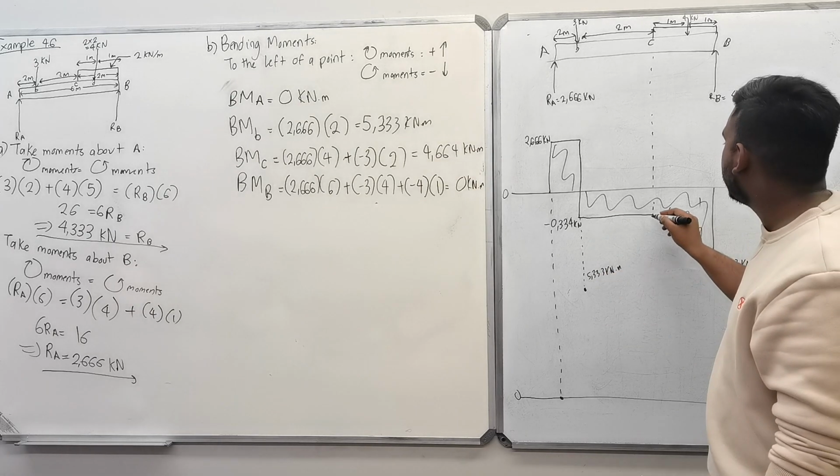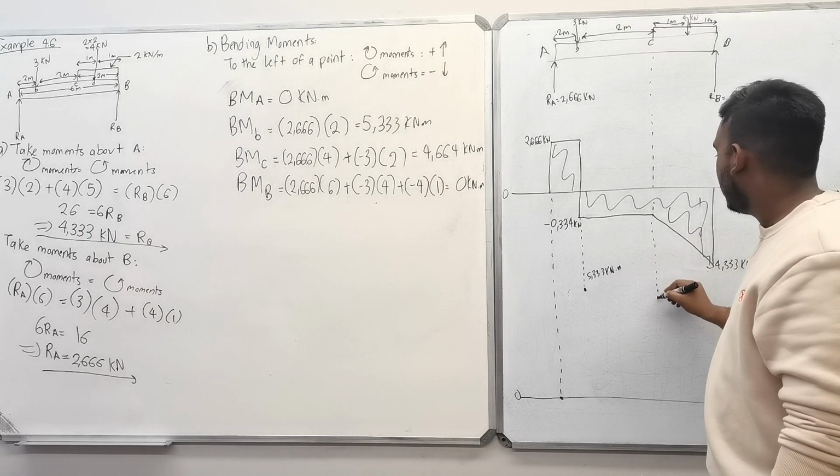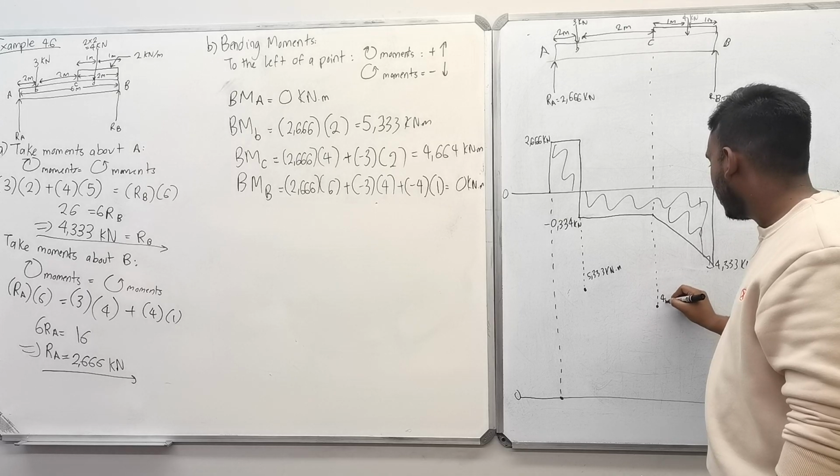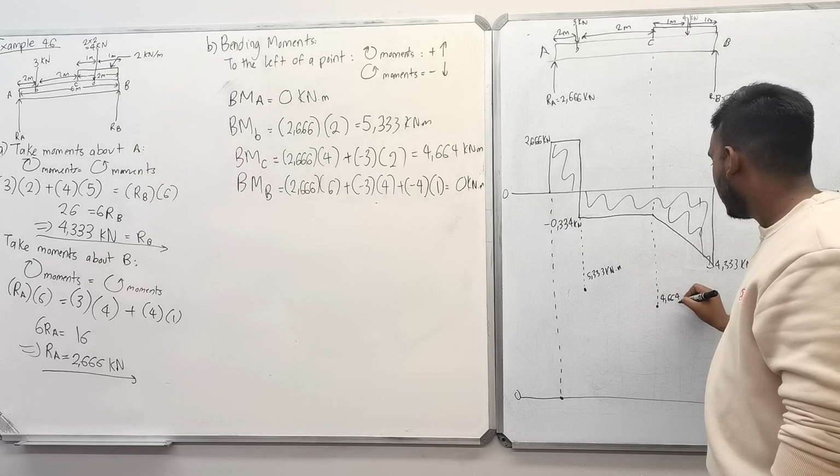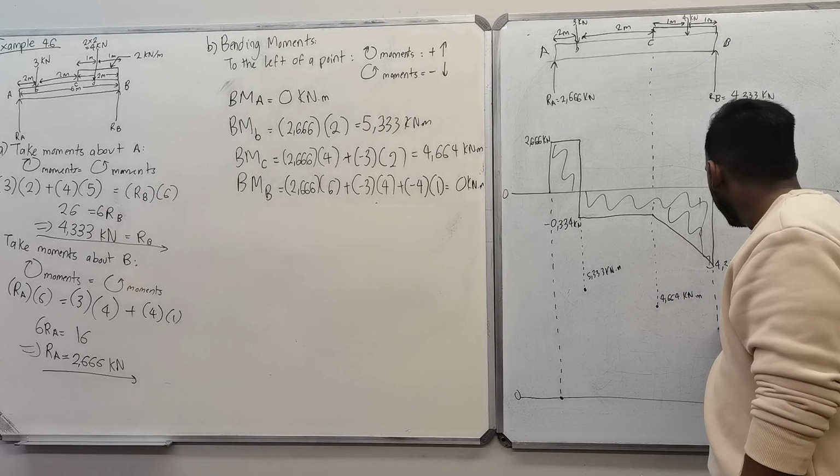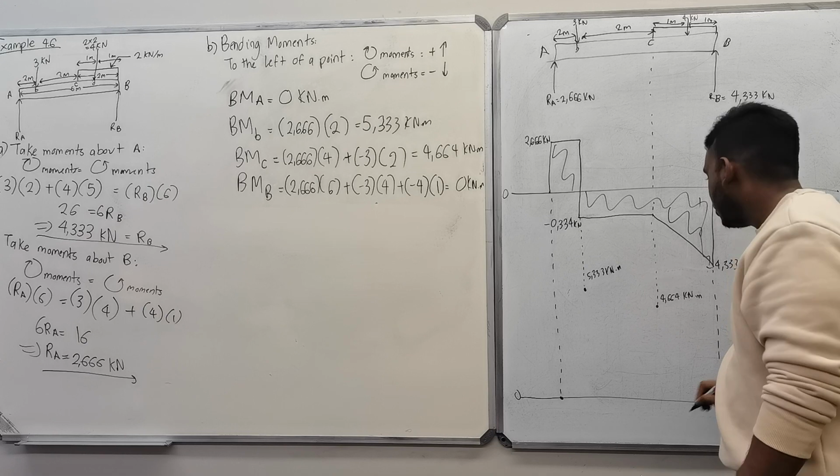Your bending moment at C is 4.662, and then it goes down at big capital letter B to 0.